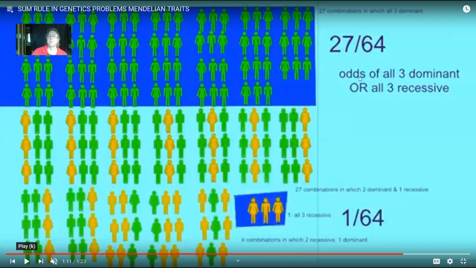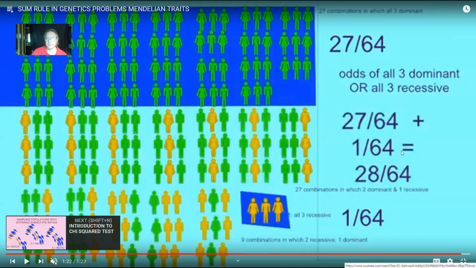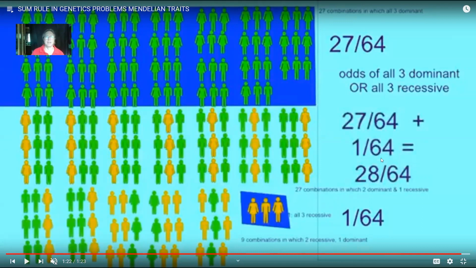But now if you're asked, what are the odds that either all of the offspring will have the dominant trait or all will have the recessive? They're not independent, and I'm using the word or. Then you add those together. So 27/64 plus 1/64 gives you 28/64 as the odds of getting those events.